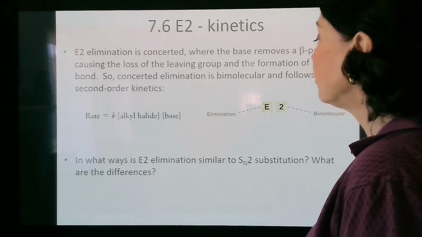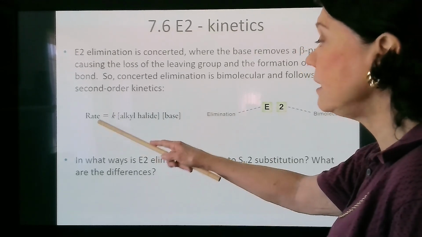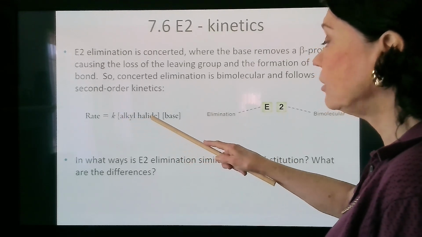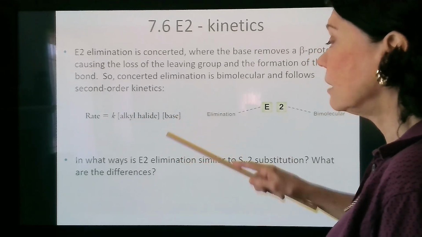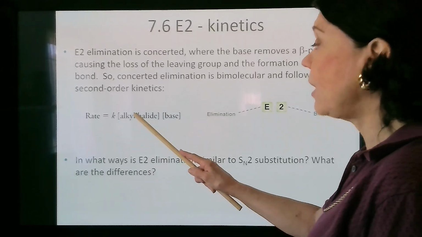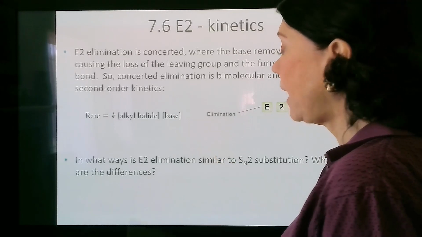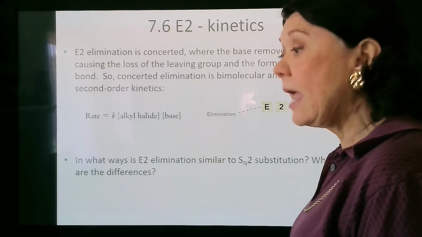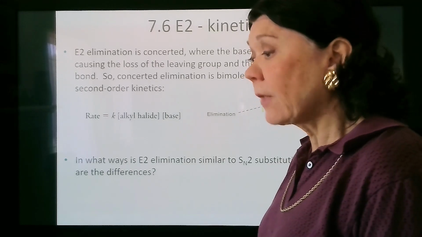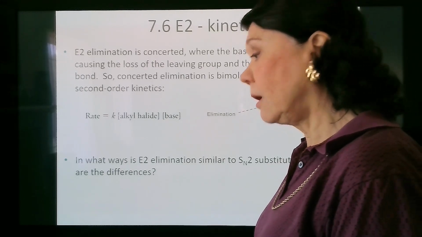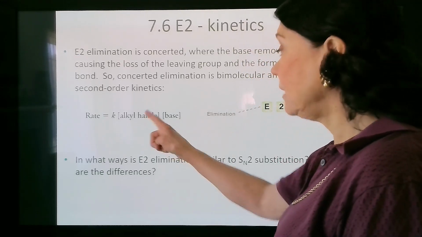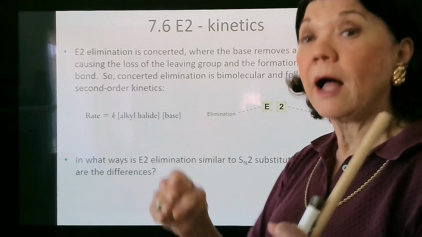E2 elimination is concerted, as we already said. The rate is the rate constant times the concentration of the alkyl halide times the concentration of the base. So the rate is proportional to the alkyl halide and base concentrations. And so you can see it's related to the frequency with which these two molecules collide.